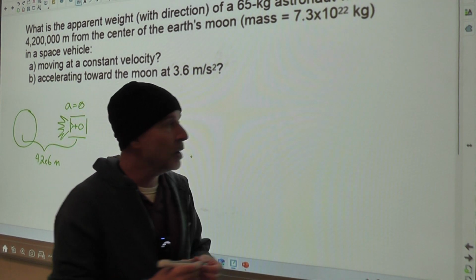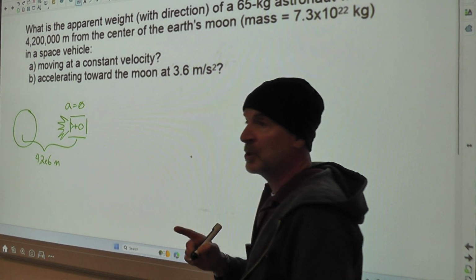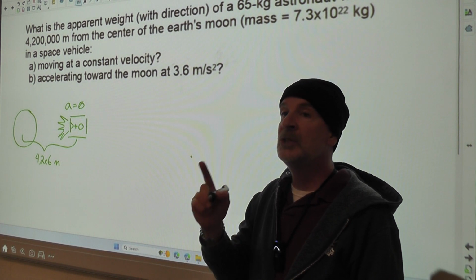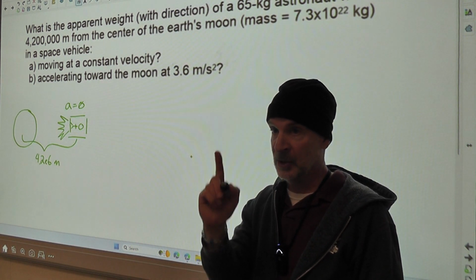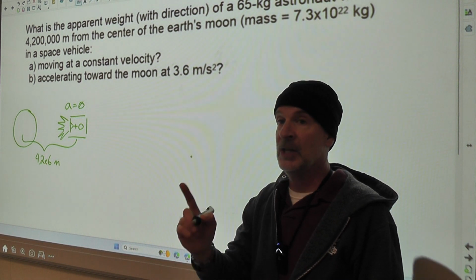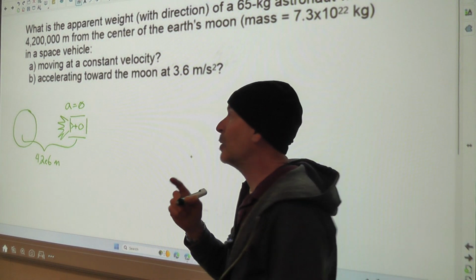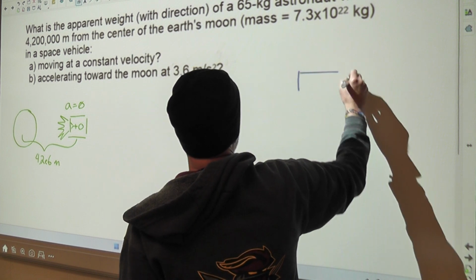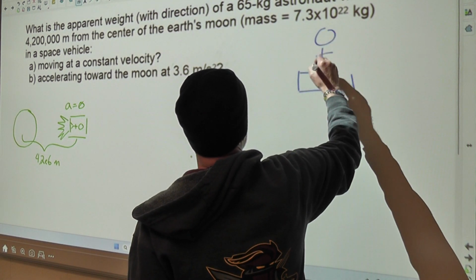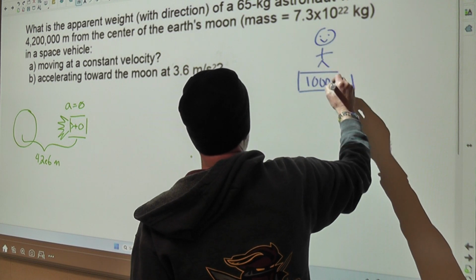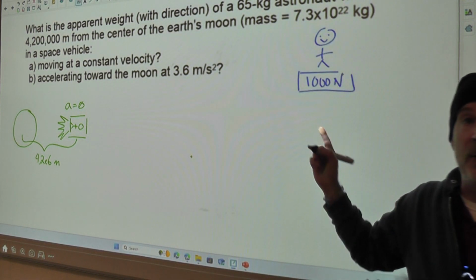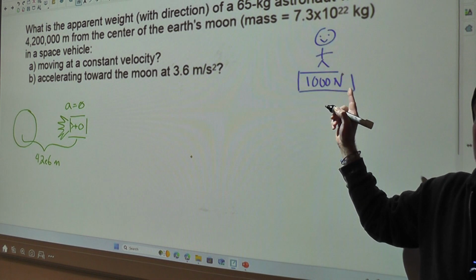What we determined was that what the force sensor told you was the magnitude of the normal force perpendicular to the force sensor, and that was what we call apparent weight. So when you have a person standing on a scale, the number on the scale is the person's apparent weight. That's how heavy they feel.